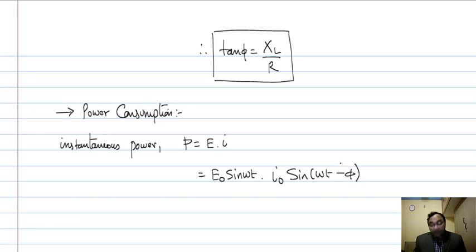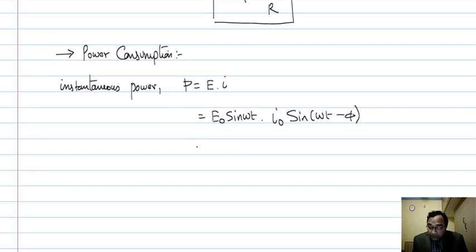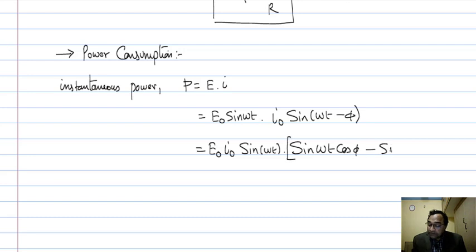Now, this is instantaneous. So, we can write it this way: E naught I naught and sin omega t into sin of omega t minus phi. We can write it as sin A cos B minus sin B cos A. Now we can also simplify it further.